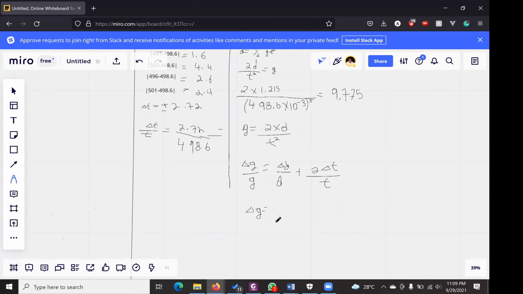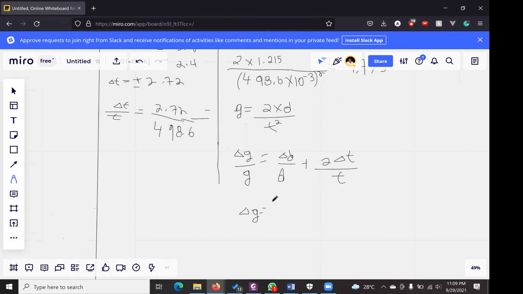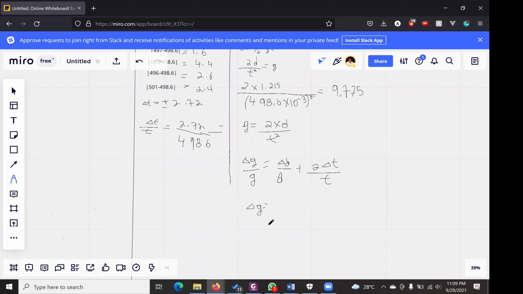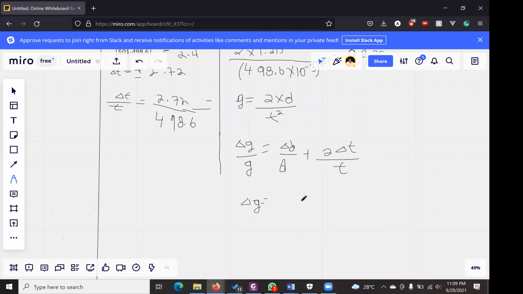Consult with your lecturer or teacher as it relates to whether or not you are to multiply by the 2. Repeat, please.